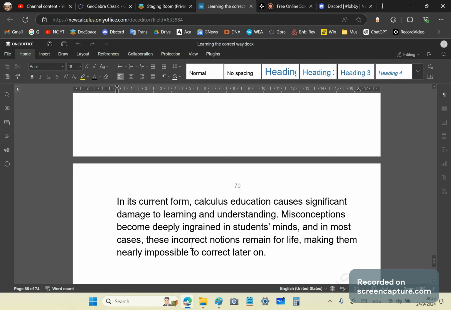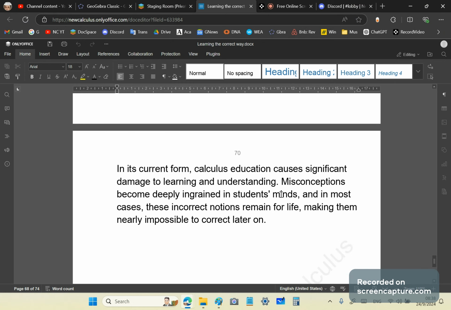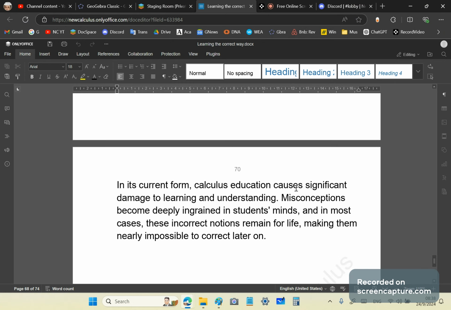And in most cases, these incorrect notions will remain for life, making them nearly impossible to correct later on. How do I know? Because I've seen the numerous stupid comments that are posted on my videos, not just by math educators, but also by the poor students whose brains they totally destroy with their drivel.